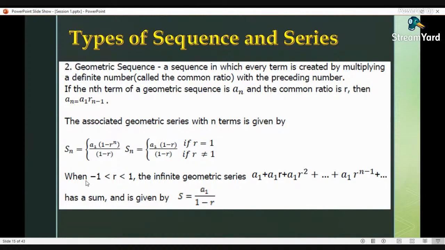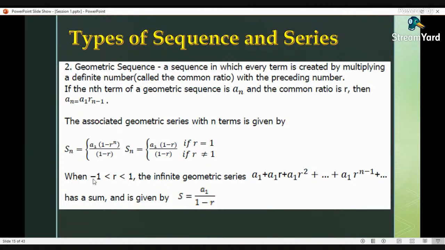Okay, so r must not be equal to 1 for the given S sub n here, because 1 minus 1 will become 0 and it will be undefined if we substitute 1 for the common ratio here.